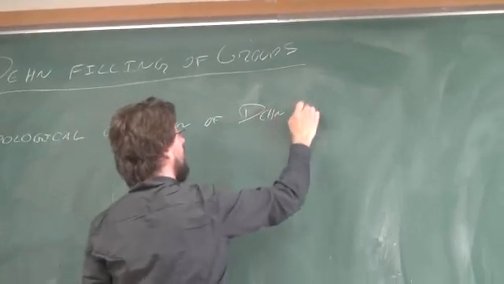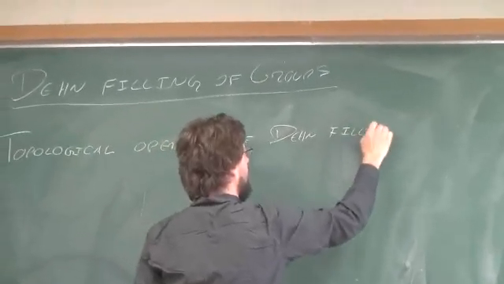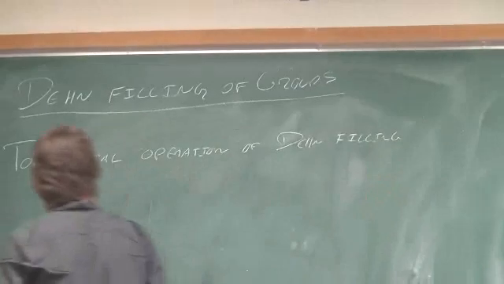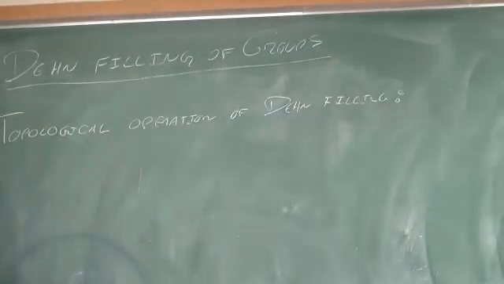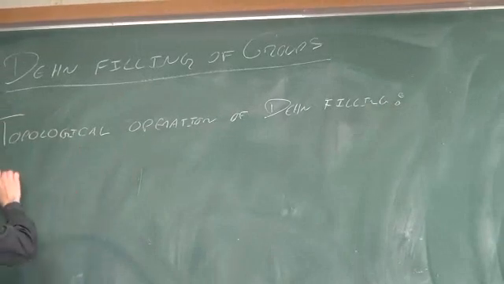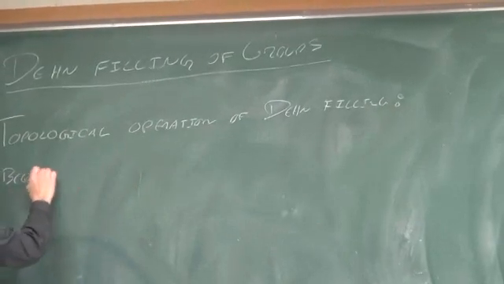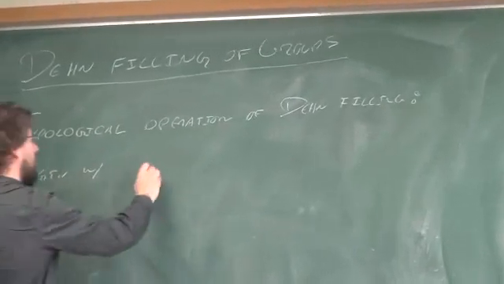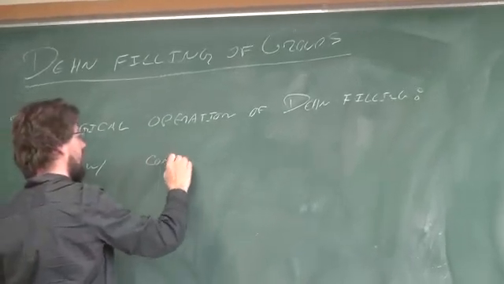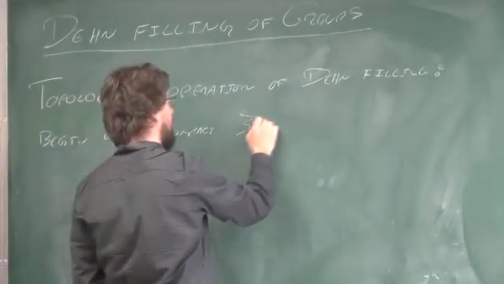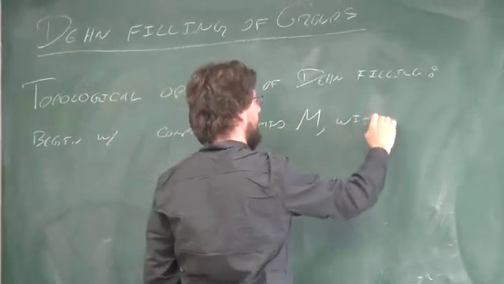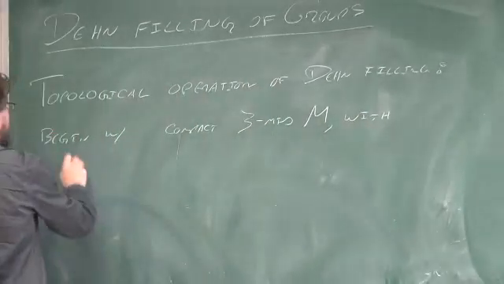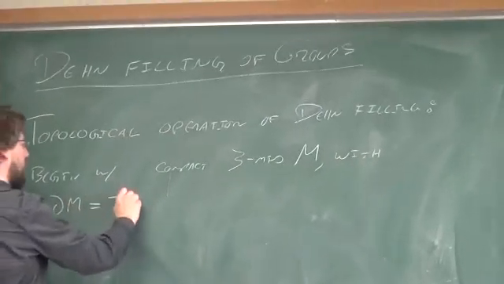So we're going to begin with some compact 3 manifold M with boundary of M equal to a torus.